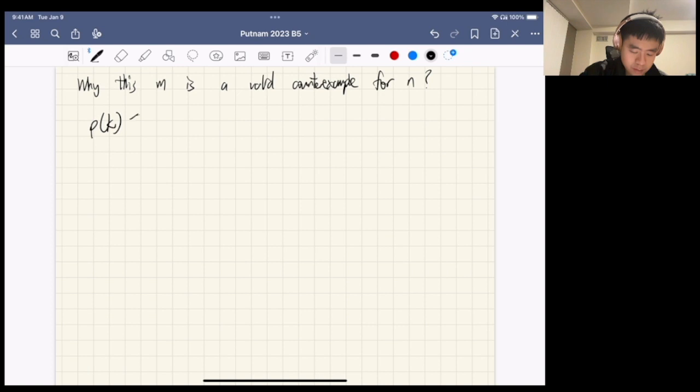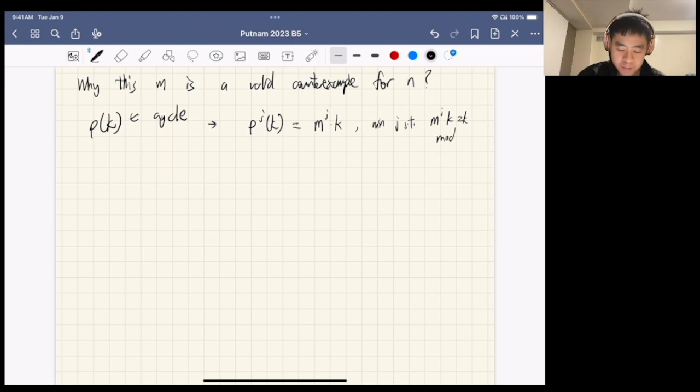What's the cycle of this k? Let me rephrase. One thing we want to see is that rho to the power of j applied to k is the same as m to the power of j times k, and we want the minimum j such that m to the j times k equals k mod n. This j is going to be the length of the cycle.